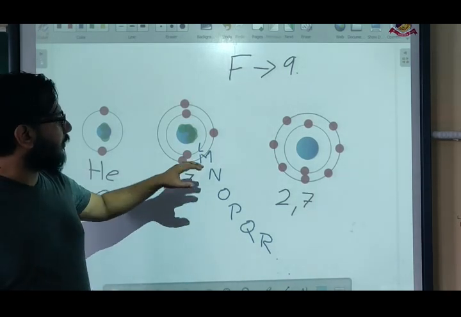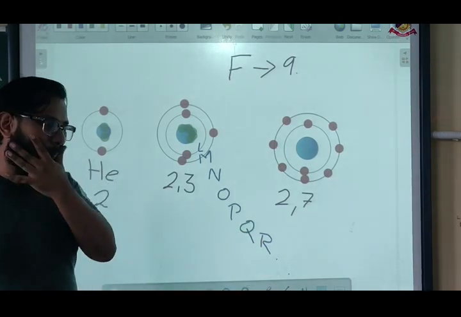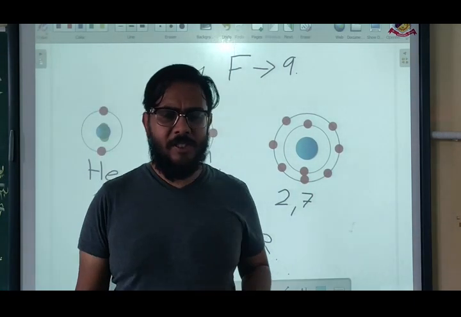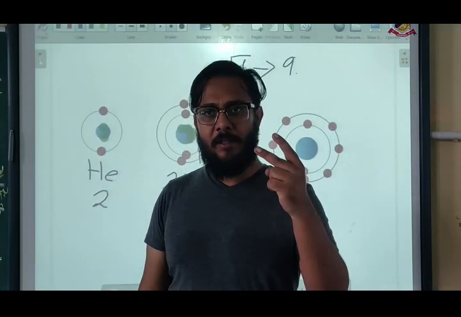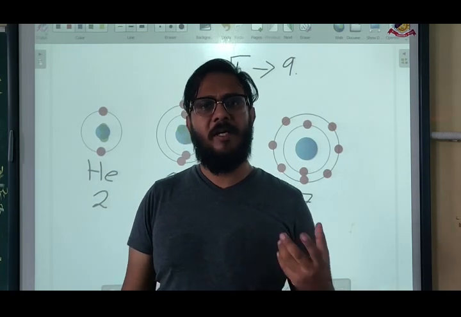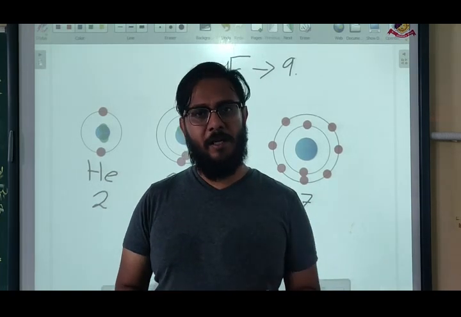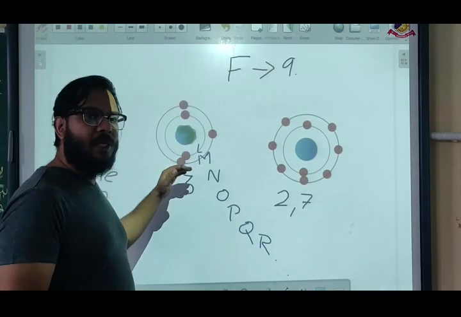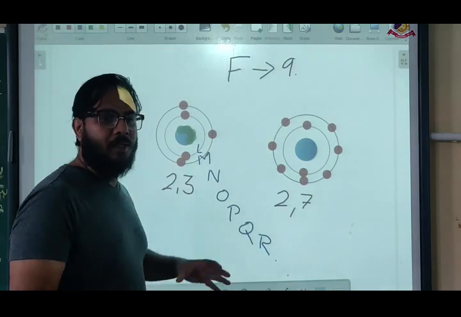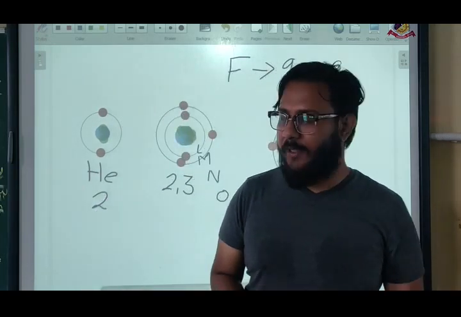So we discussed that the first shell has the capacity for just 2 electrons. How much is the capacity of the second shell? It is 8. Third shell, again 8. From the second shell onward, all of the shells will contain 8 electrons. So far, I hope you are there with me.